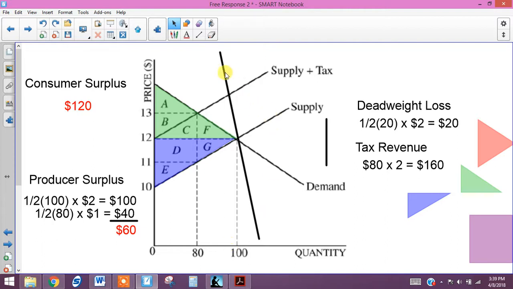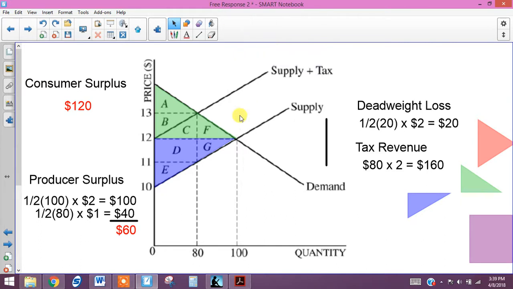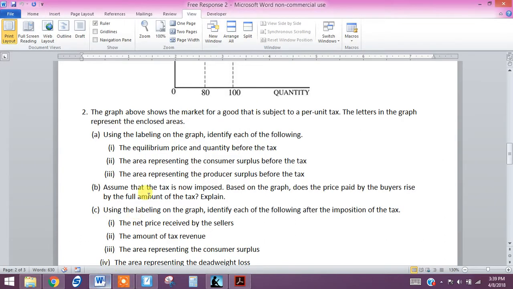Okay, so that's what you can put in your explanation for a number. Let me just delete this and go back. So your explanation for B is, does the price paid by the buyers rise by the full amount of the tax?